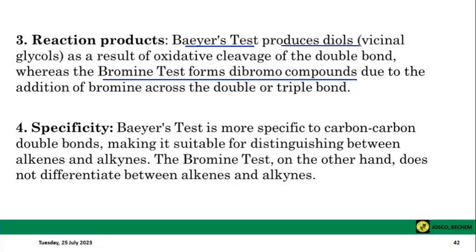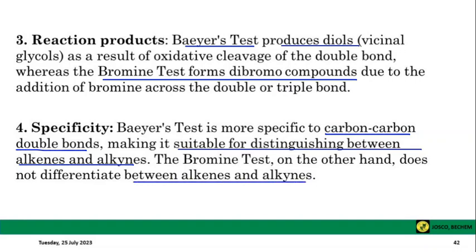Now, in terms of how specific these tests are, we are saying that Bayer's test is specific to carbon-carbon double bonds. In other words, such makes it suitable to be able to know the difference between alkenes and alkynes. The bromine test, however, does not differentiate between alkenes and alkynes.